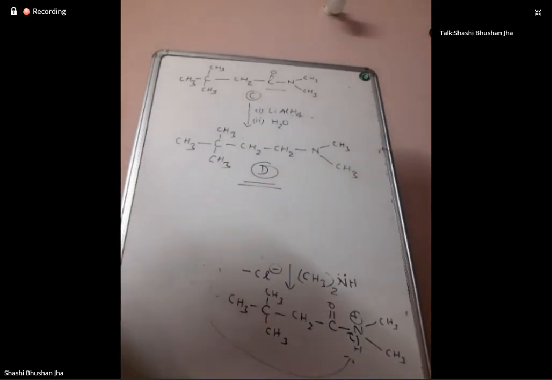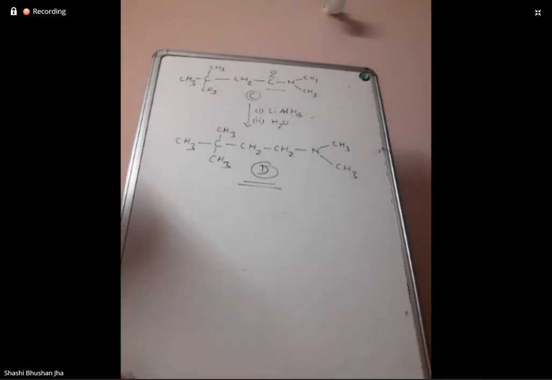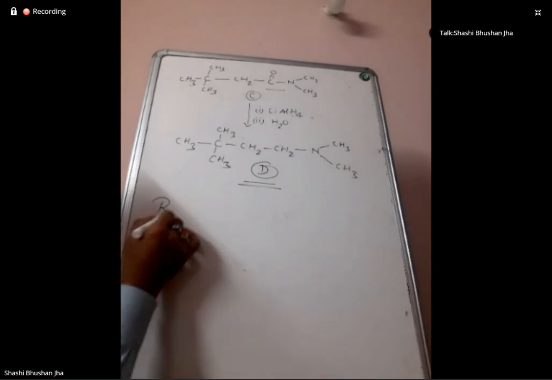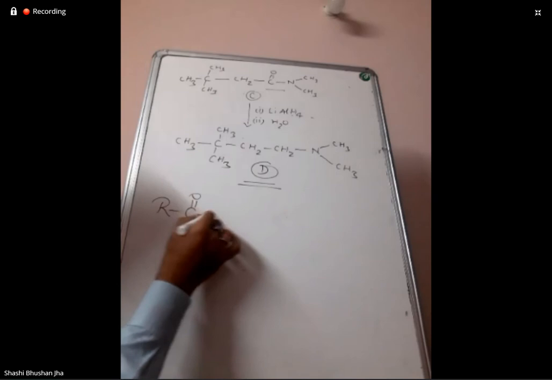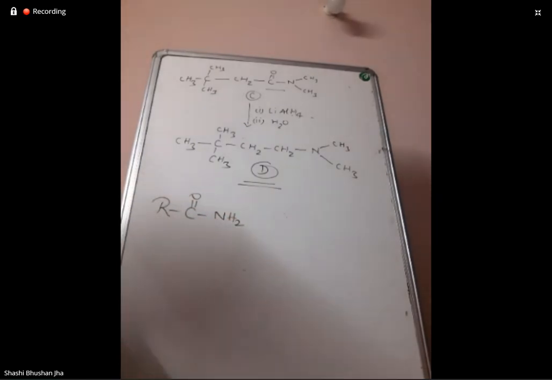Sir, during reduction of that amide, hydride will add, nucleophilic acyl substitution only, sir. This amide reduction. Yes, sir. So when you are adding hydride, you have to do nucleophilic acyl substitution only in this case.